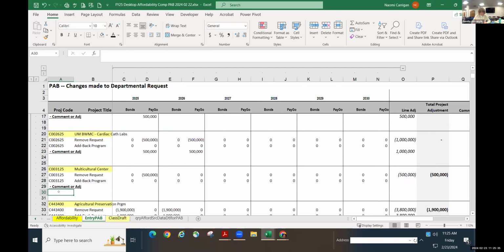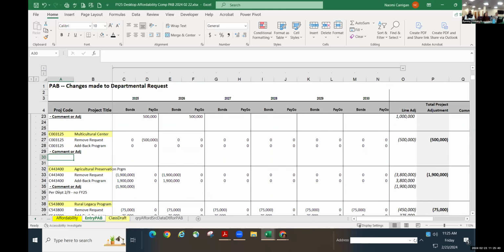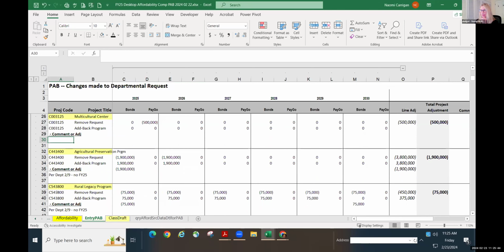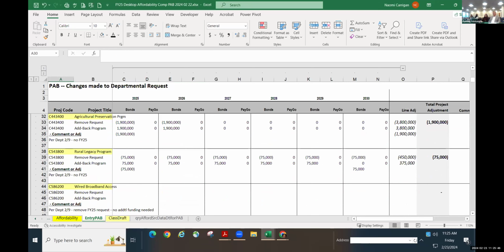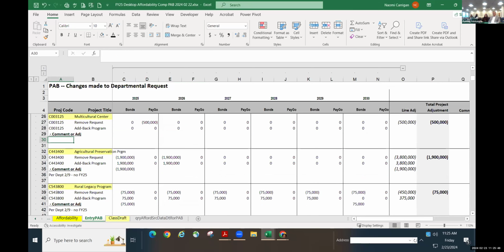Right, I think we can wait on that. That's kind of a nice to have, but not nearly needed like these other things. Naomi, can you put a note on that multicultural center that our question is the expectation of state funding?